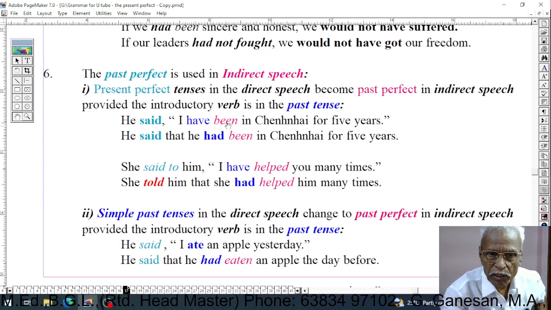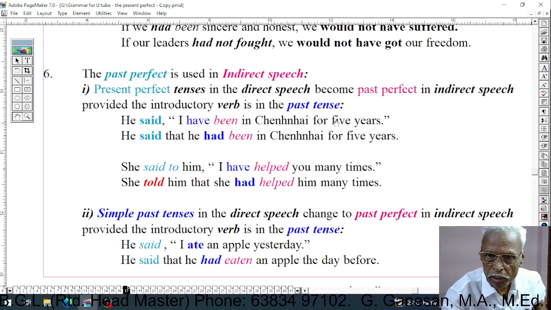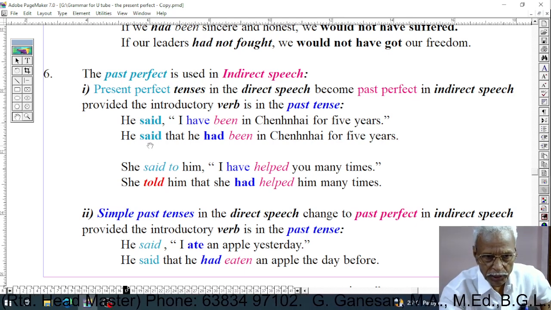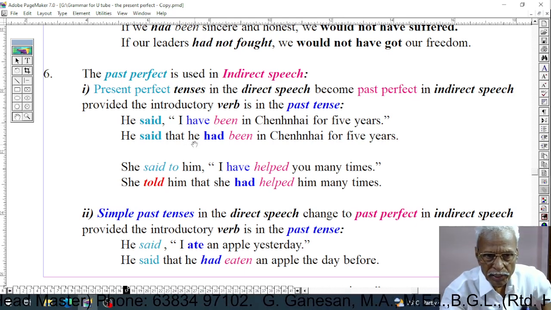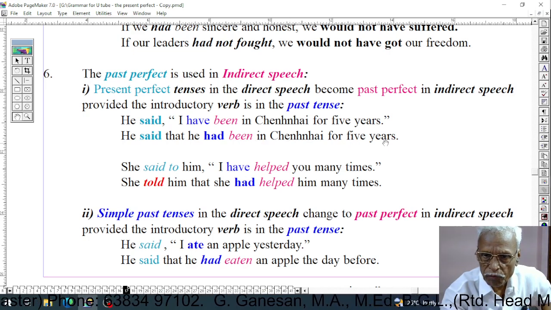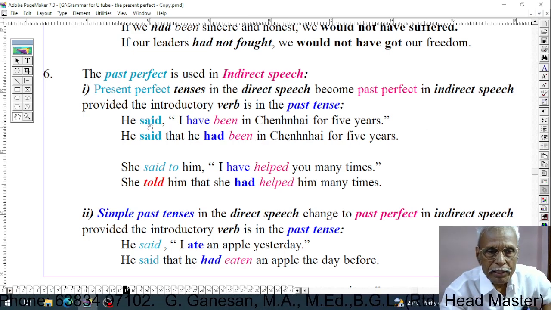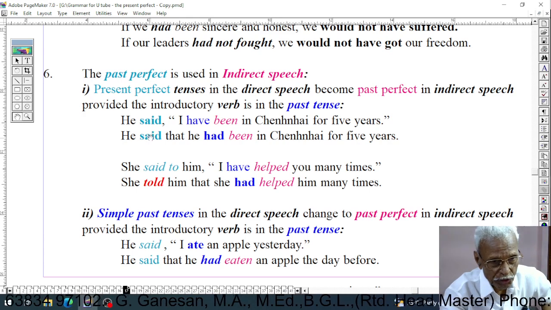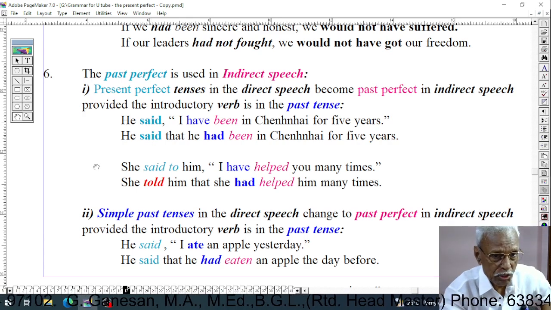You see, he said, I have been in Chennai for 5 years. Indirect speech: He said that he had been in Chennai for 5 years. Here, the introductory verb is said, so it remains said in indirect speech also.